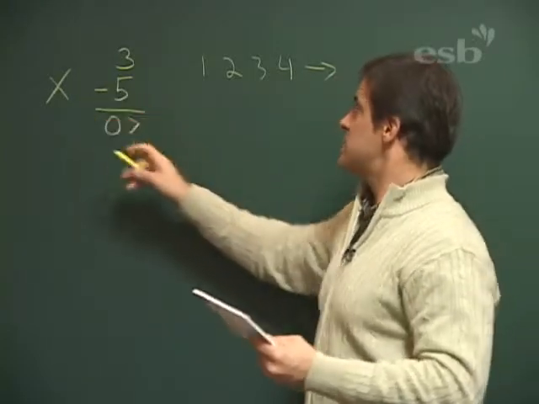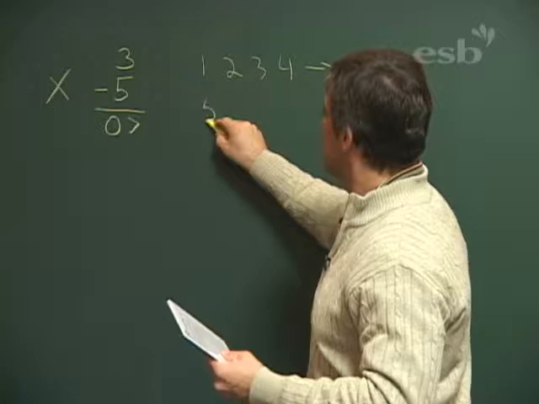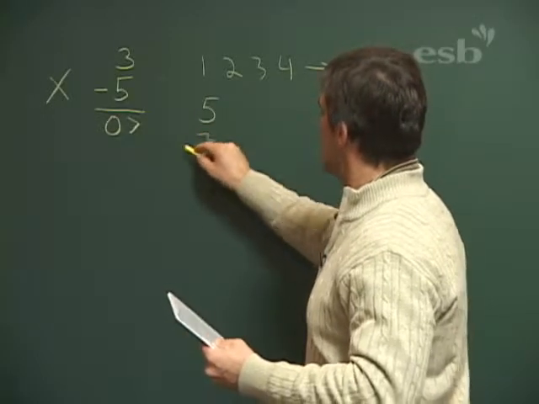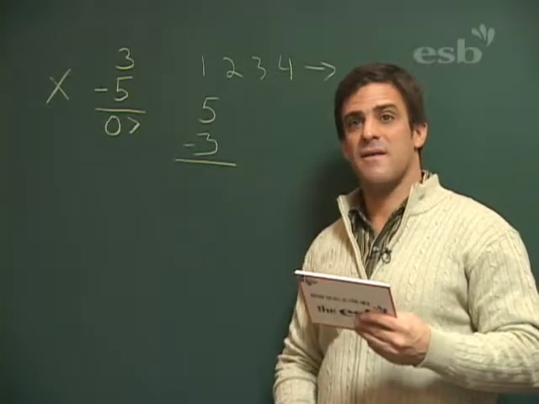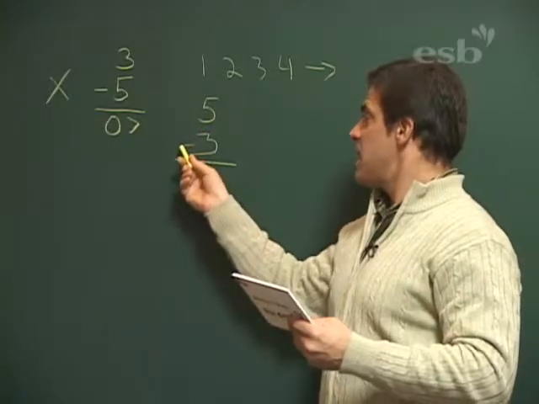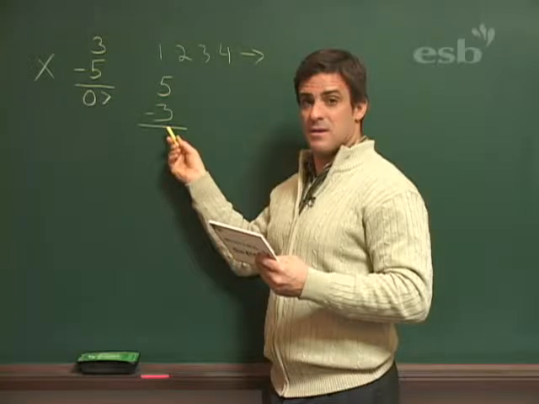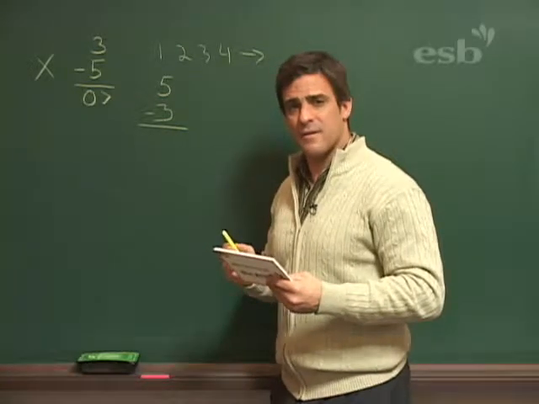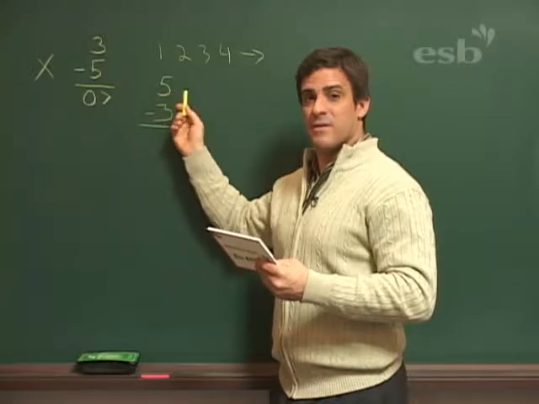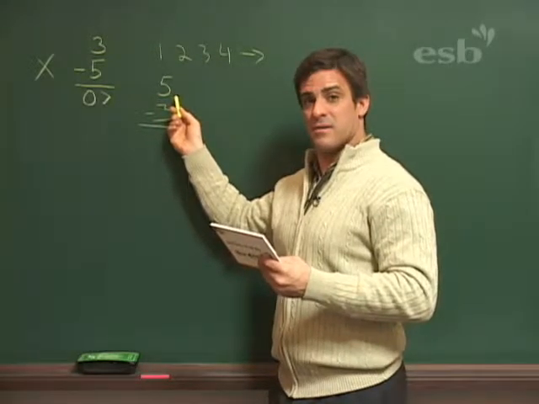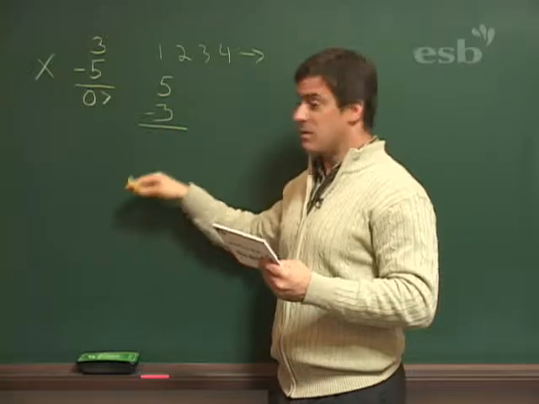We can't do this, but how about this? Is this okay? 5 minus 3? Which number is higher? The 5 is higher. The 5 is a bigger number. 3 is lower.